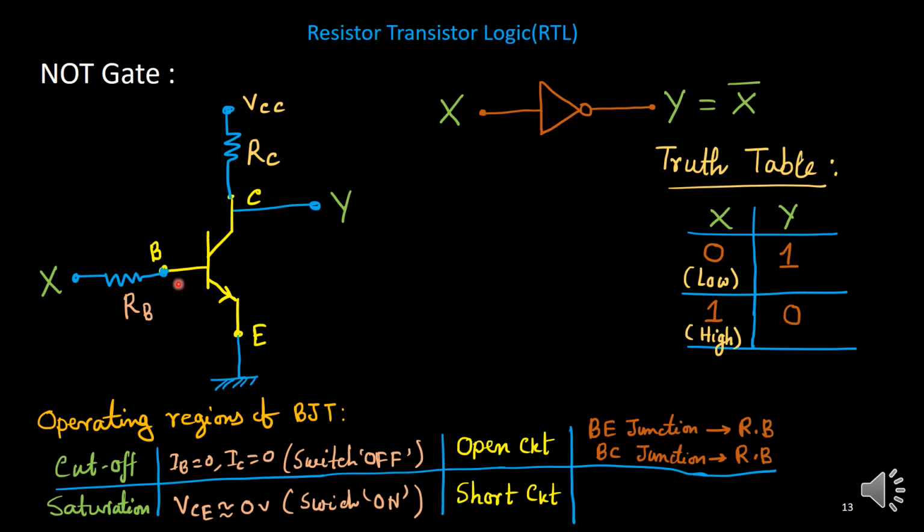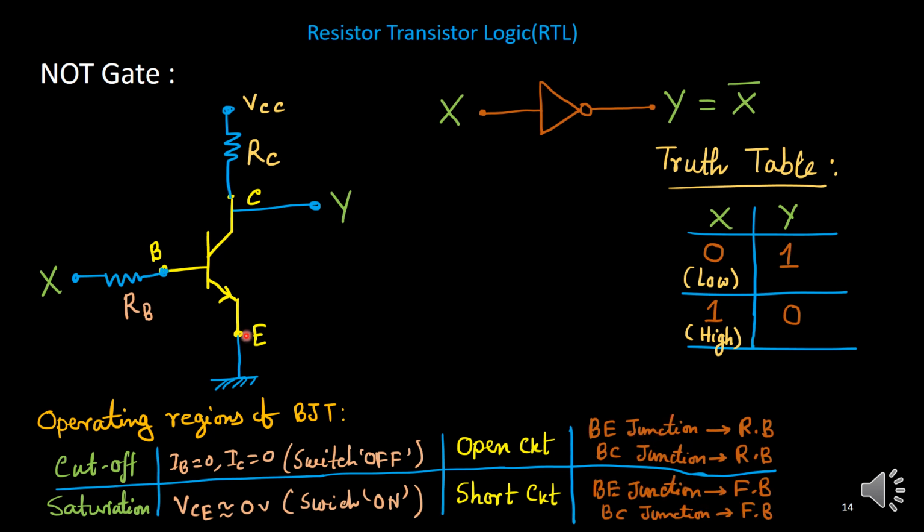Each could be considered a PN diode, and if reverse biased, no current flows, so IB, IC, everything becomes 0. For the saturation region, it is just the opposite: both junctions are forward biased.